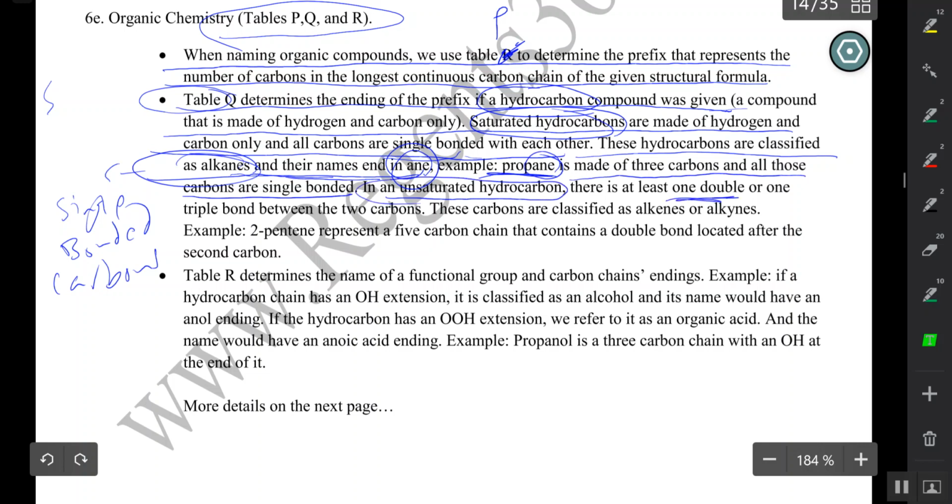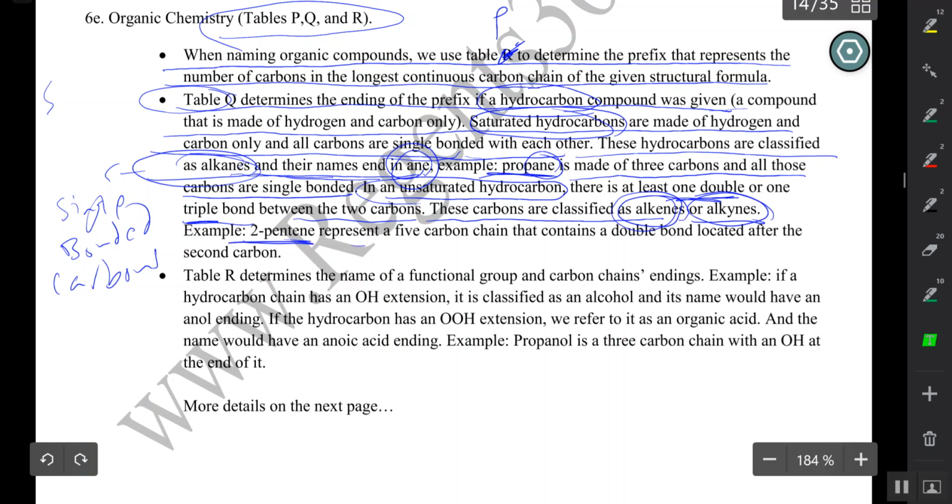All you need is 1 double bond or 1 triple bond between 2 carbons. If any 2 carbons in a carbon chain are double bonded or triple bonded, you have an unsaturated hydrocarbon. If it's a double bond, it's classified as an alkene. If it's a triple bond, it's classified as an alkyne. Y-N-E.